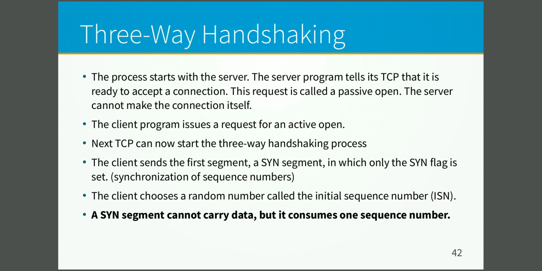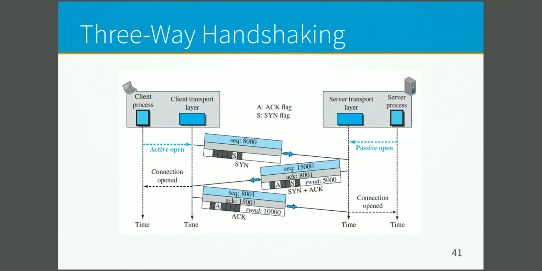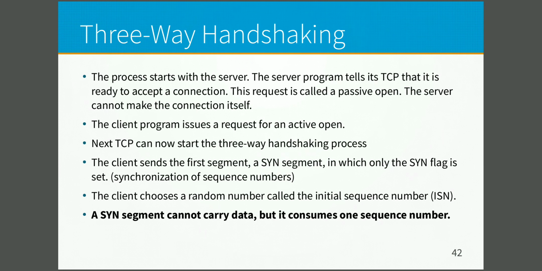So the next time the client is going to send another segment, it cannot use the same sequence number. For example, in our case, the initial sequence number is 8000, so whenever a new segment is sent from the client, it should choose the next sequence number, which is 8001. Again, a SYN segment cannot carry data, but still it consumes one sequence number.